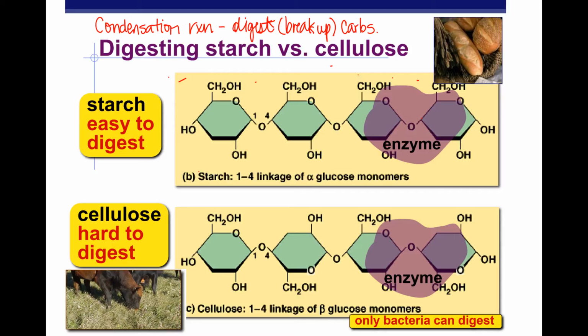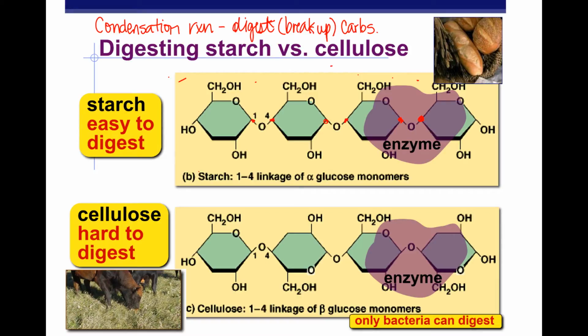Starches are made up of 1,4-alpha glycosidic linkages, and we call them 1,4 because the bond occurs between carbon 4, let me show you, carbon 4 right here on one sugar molecule and carbon 1 on the other sugar molecule. So this is why I said knowing how they're named is going to be important later on. Every single one of these glycosidic linkages occurs there: carbon 4, carbon 1, carbon 4, carbon 1.